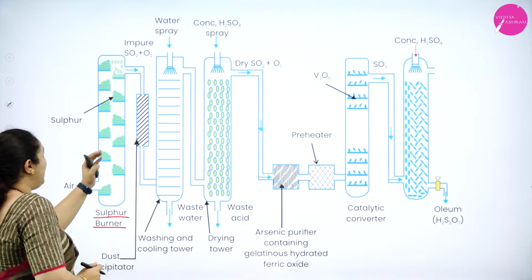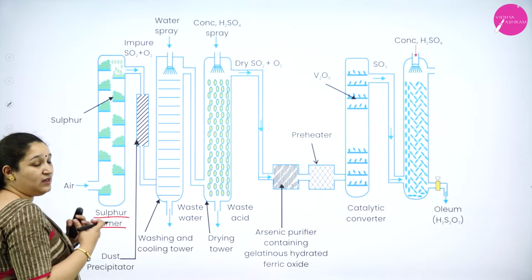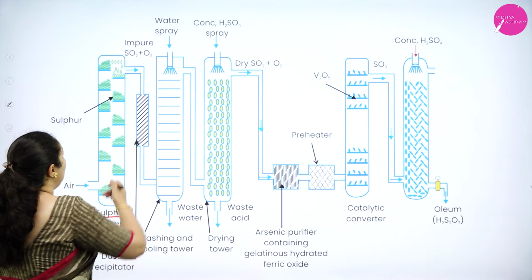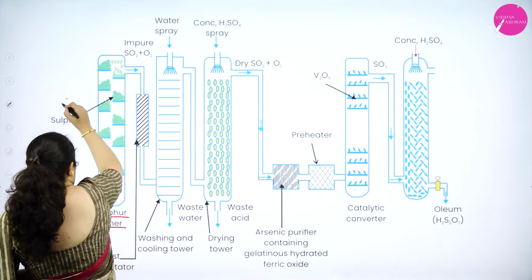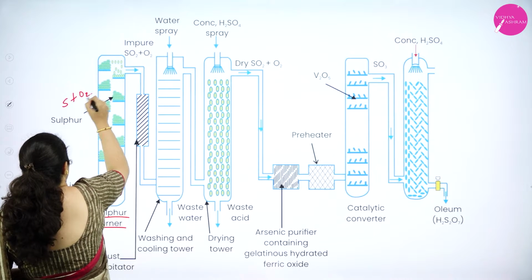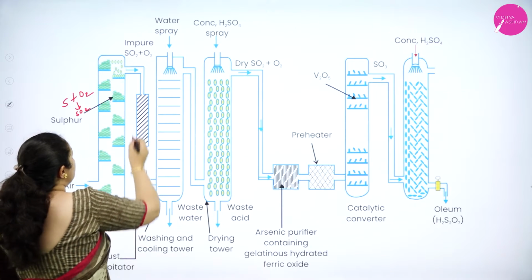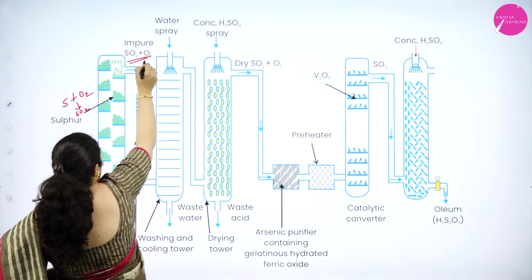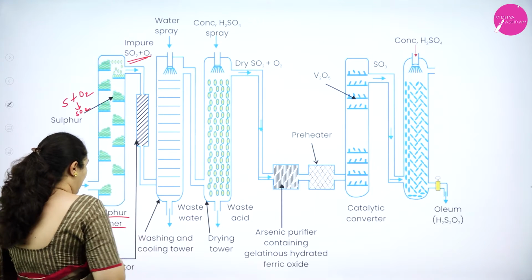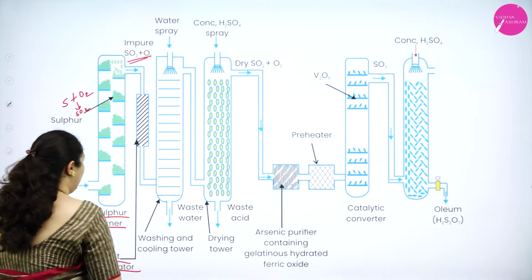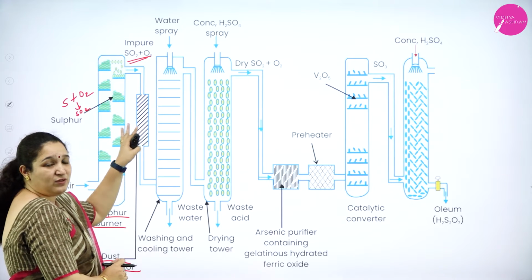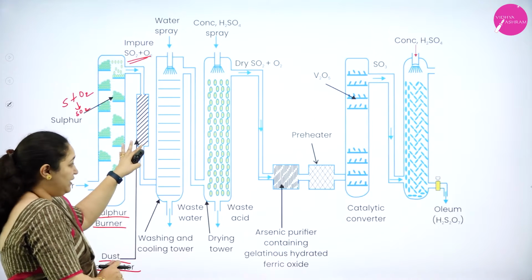So when air is passed and sulfur is there in the burner, sulfur will react with oxygen to form sulfur dioxide. Further, sulfur dioxide, that is impure sulfur dioxide and oxygen, is passed through the dust precipitator. So here the dust can get precipitated.